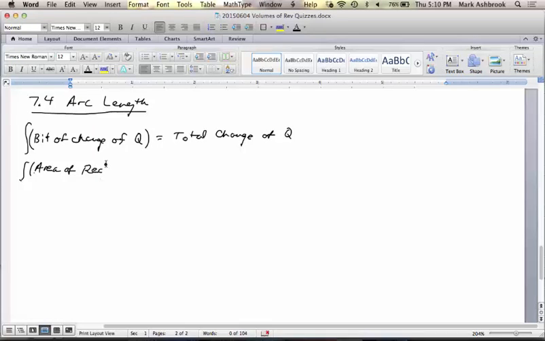So area of rectangular slice of a region. And we took the integral of the area of a typical slice of a region. What did we get when we took the integral of that? Total area of the region.